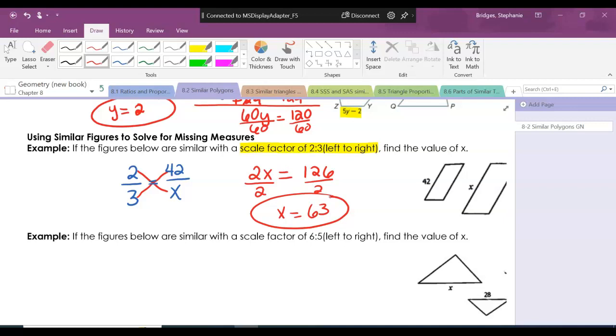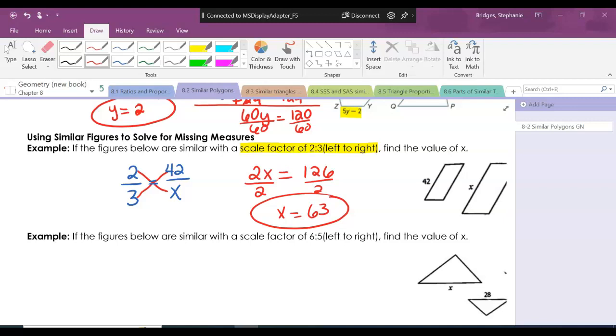But isn't a square also a rectangle? So you were right. This is not similar to that, right? It is not the same shape. A square is a rectangle. A rectangle is not a square. However, if I just say, are all rectangles similar? No, because some rectangles can be squares. So that's going to be false. Make sense?